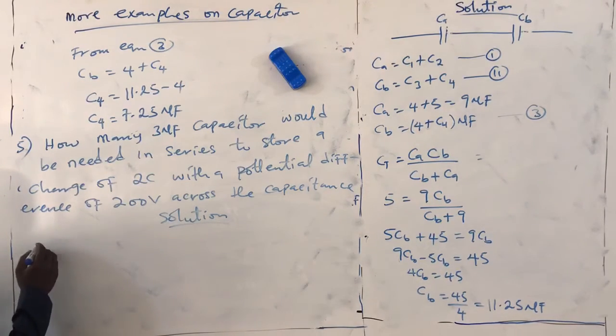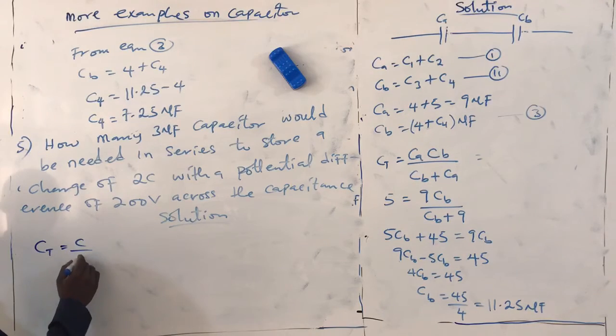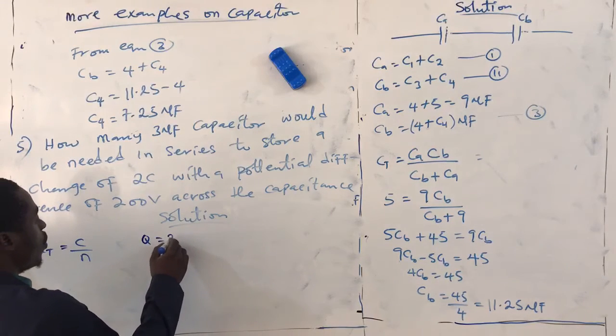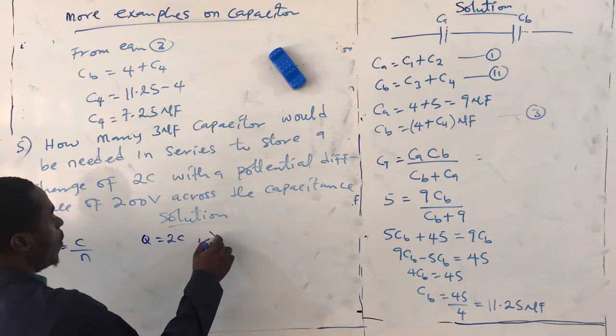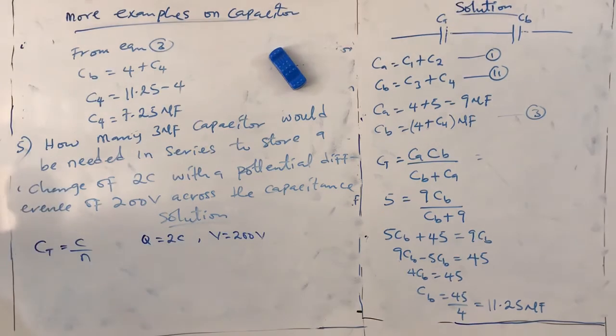Earlier I said that if we have many capacitors connected in series, we are going to have C all over N. Our charge here is equal to 2 coulomb, and our potential difference is equal to 200 volts. Now, what are we going to do?